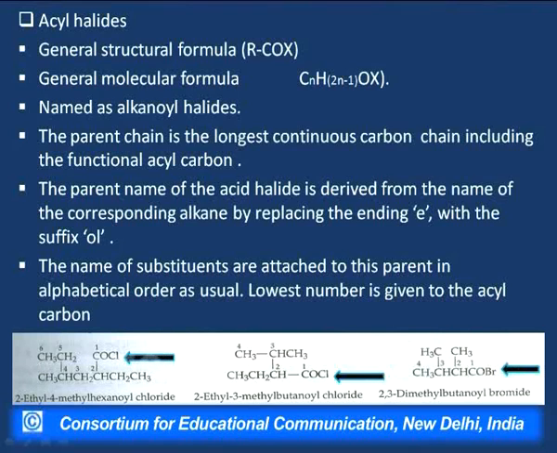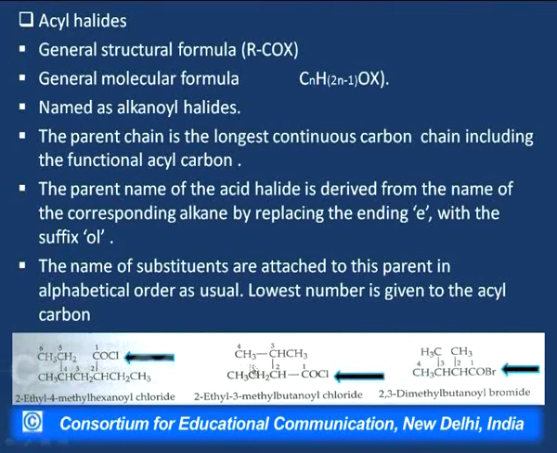Again, please remember, numbering has to be started from the carbon which is the functional group. So we start the numbering from COCl and go straight and then to the top. Again we have to take a substituent group. This substituent is ethyl, which is at the second carbon. At the fourth carbon we have a methyl group, so it becomes 2-ethyl 4-methyl hexanoyl chloride.